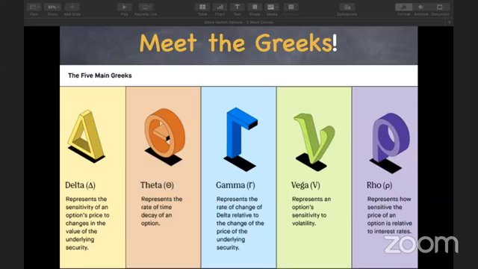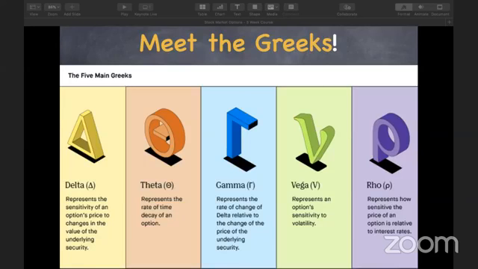However, for the second and beyond dollar move up or down, it is delta plus gamma. They work together, and that represents price movement. Price movement is a huge part of options trading.